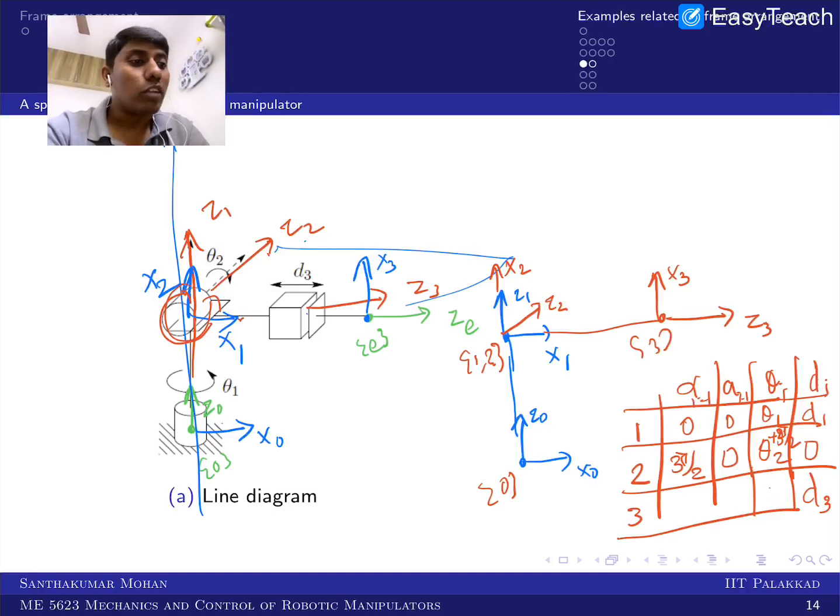Since here it is parallel along x3, and along z3 it is parallel, and here you are rotating about this. So you have 3 pi by 2, and there is no distance.